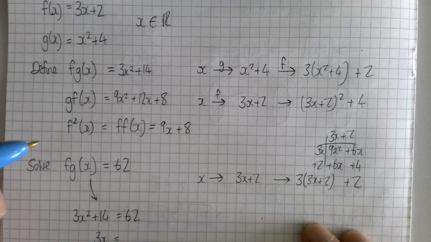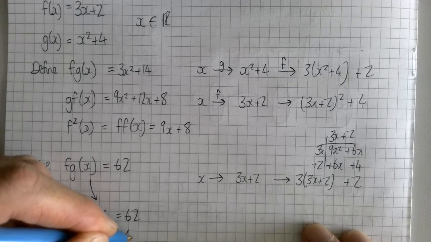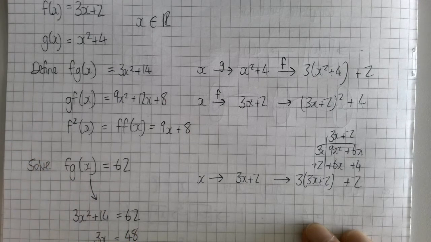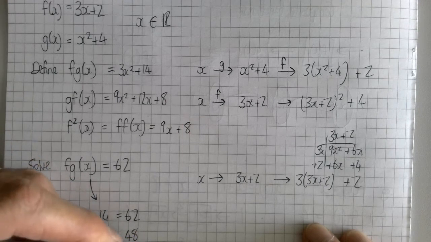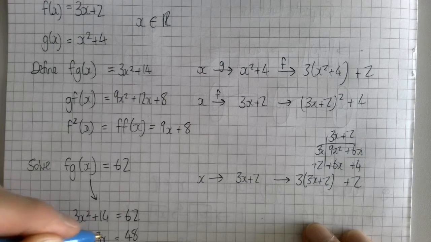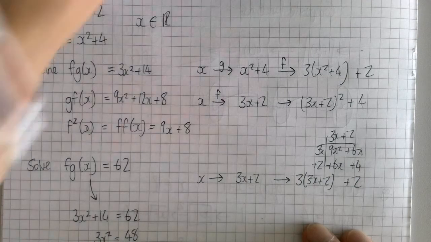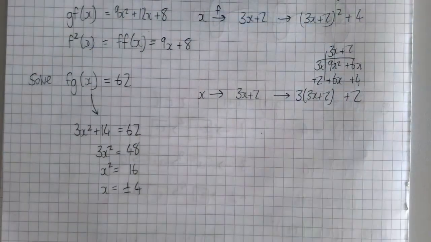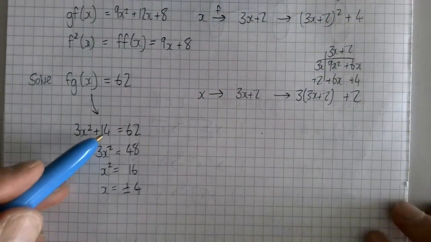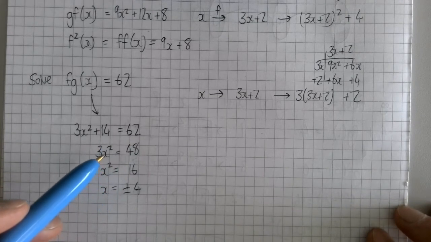And take away 10, take away 4. Oh, sorry, thought you could see what I was doing. There we go. So we've got 3x squared plus 14 is 62, so take away 14, divide by 3, square root.